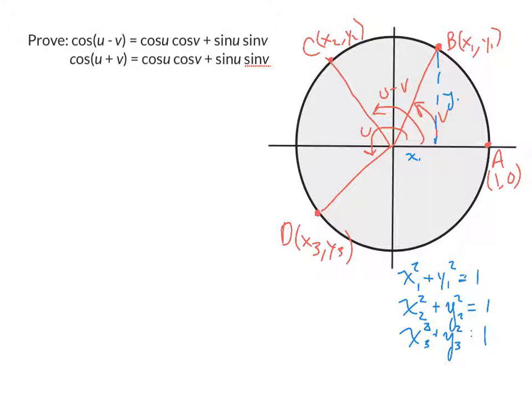So one big thing to note here as well is that the arc length, or the measure from A to C, has a length of u minus v. That's what we define that rotation as, u minus v.